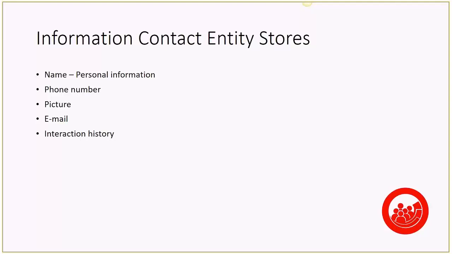To name a few: the name, phone number, picture, email. Interaction history is the customer's interaction with the website, probably the pages that the person navigates to, goals that he clicks, the triggers, like whatever adverts that he clicks on, etc.